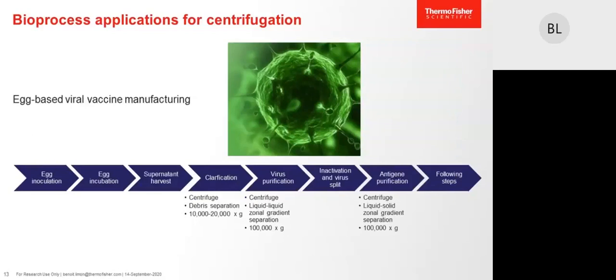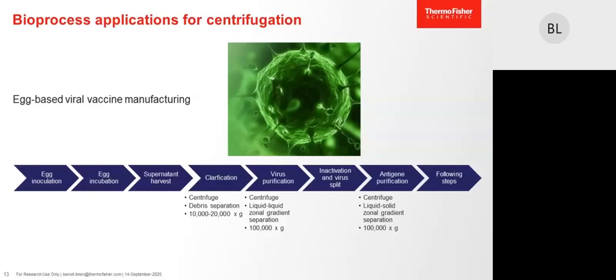In the case of vaccine manufacturing, this is the example of using the egg-based process for manufacturing the vaccine. Centrifuge is very popular at different steps of the workflow.